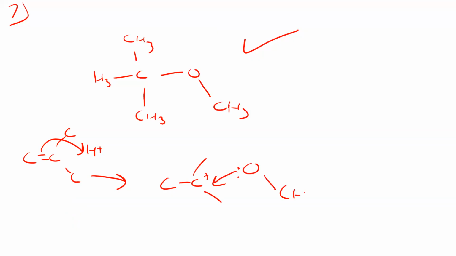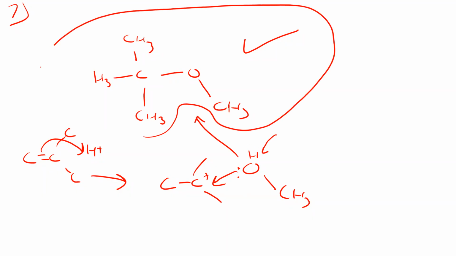You can kind of see where this is going. And then you're going to deprotonate this right here. This will be gone and you'll be left with this. So I'm going to draw this as the answer that they're looking for.